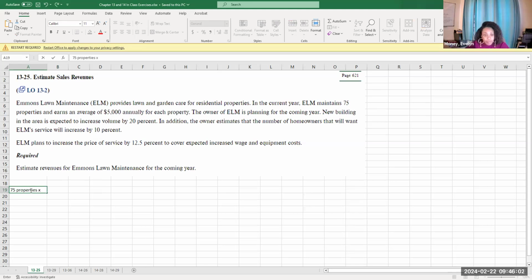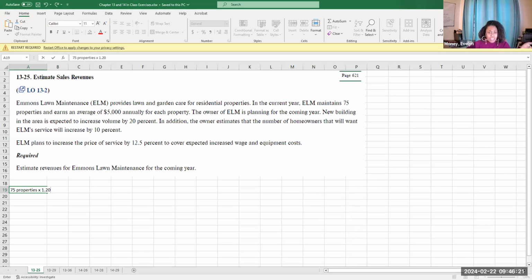So we have 75 properties, and we are expecting that because of new building, the volume is going to increase by 20%. So we're going to multiply the 75 properties times 1.2.